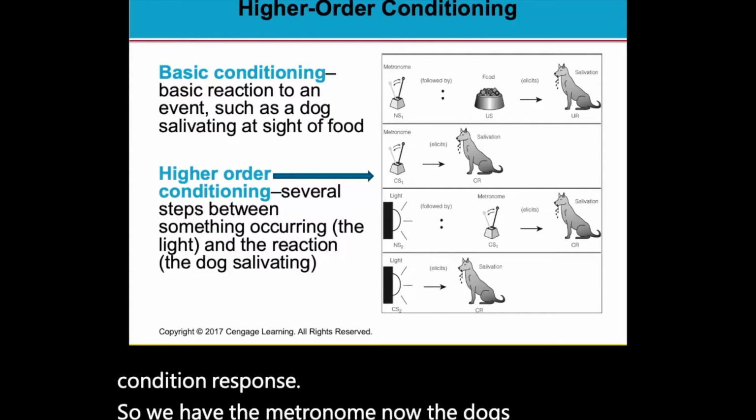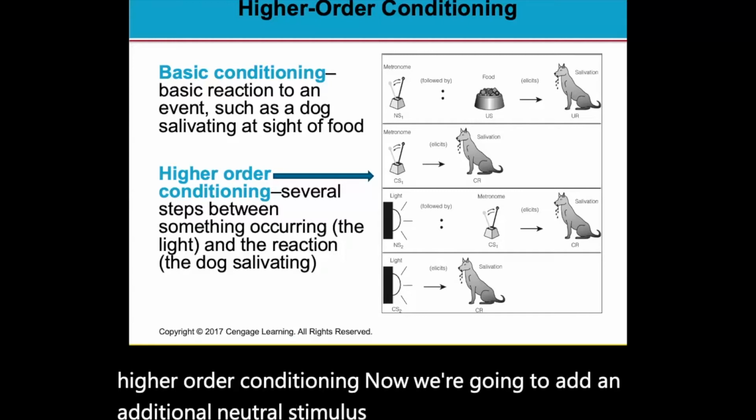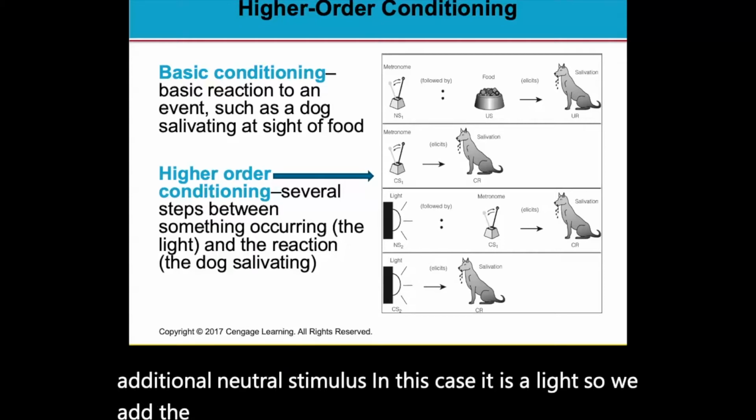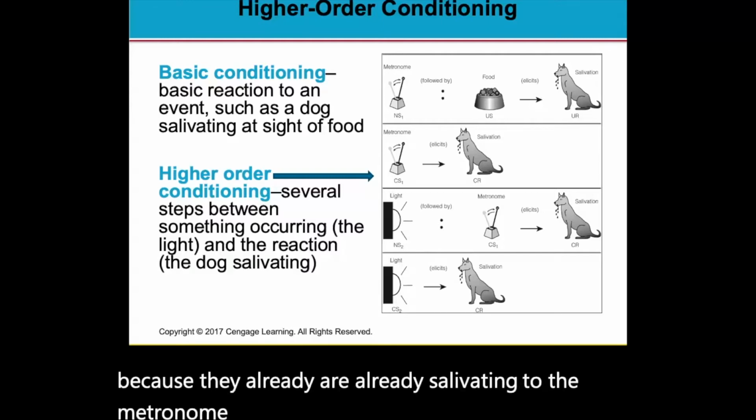In higher order conditioning, now we're going to add an additional neutral stimulus. In this case, it is a light. So we add the light with the metronome, okay? And when we add the light with the metronome, the dogs salivate because they are already salivating to the metronome, because we have created the connection with the food.